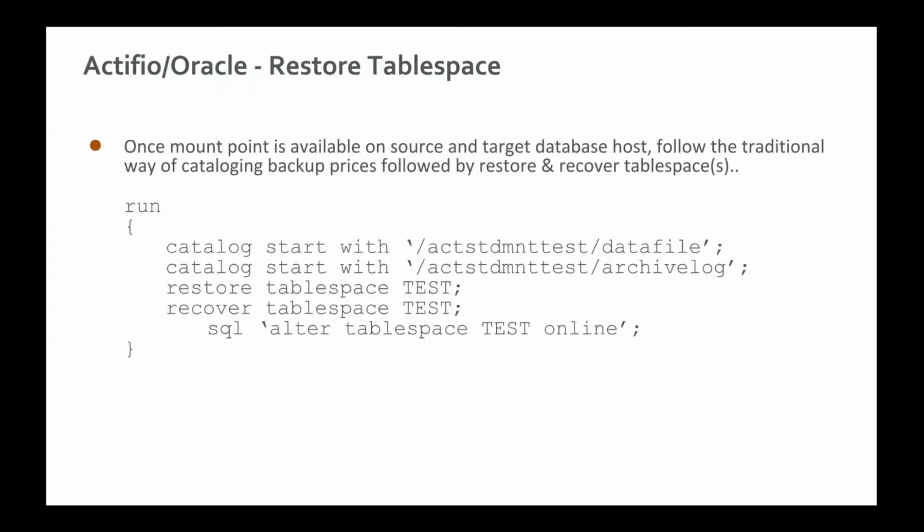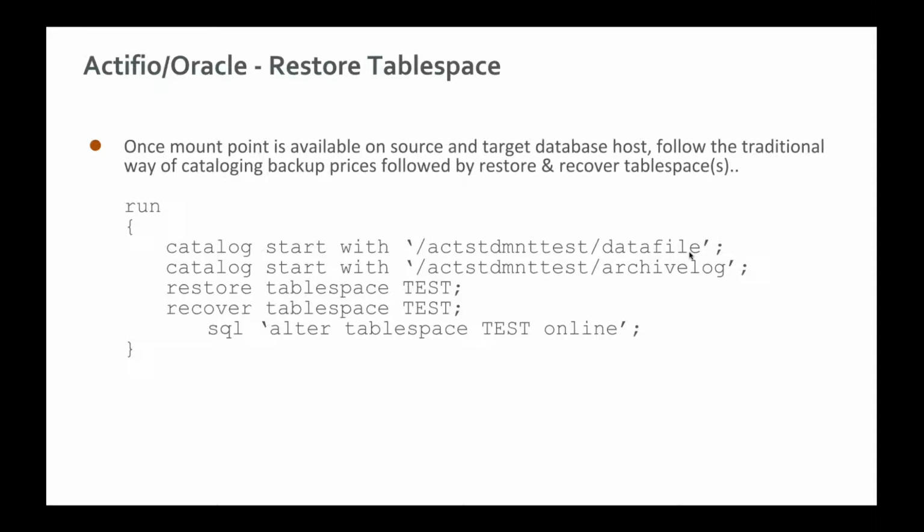And just to see how to restore a tablespace, as we explained earlier in the previous slide, the moment you perform a standard mount, you will get all the backup copies under that standard mount, right? Data file copies, archive copies, server parameter file or parameter file copy, and control file copies. So all you need to do is catalog all those backup copies like this. Catalog start with /act/stdmnt/test, which is your mount point.